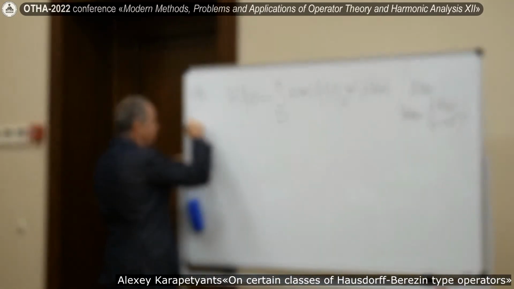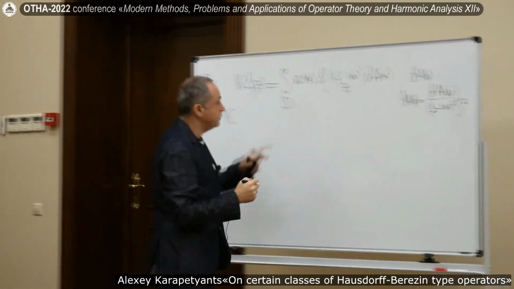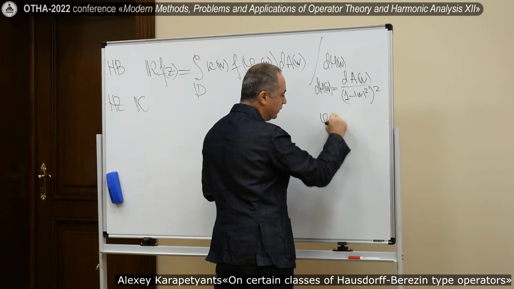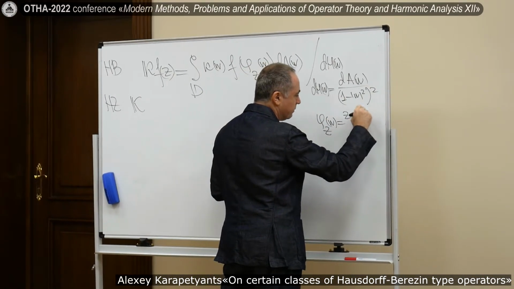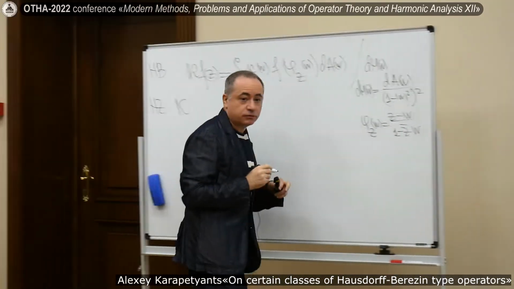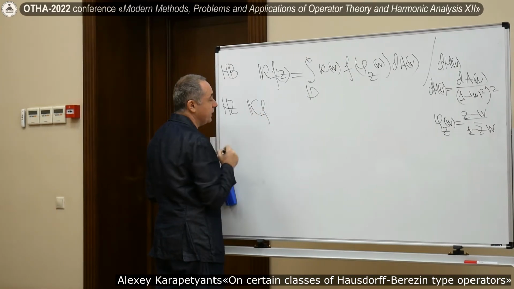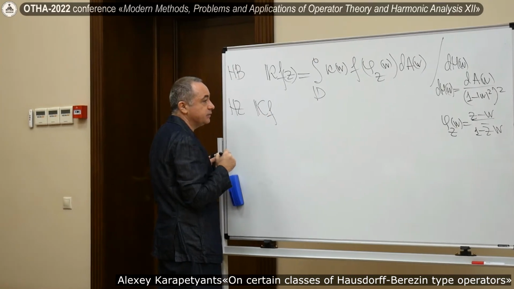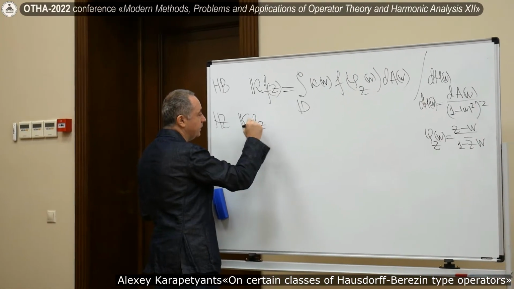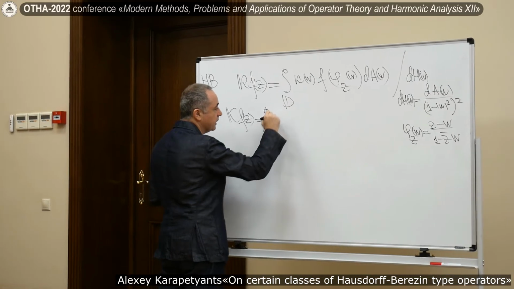For the Hausdorff-Zhu operator, you take a function and of course the Möbius transform phi_z(w) equals (z minus w) over (1 minus z-bar w), an automorphism of the unit disk. We call it, with Merotin, Kf(z) equals the integral over the unit disk.